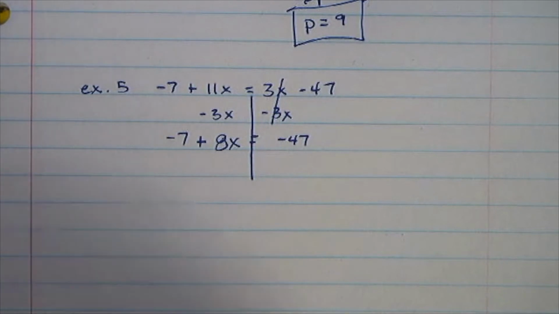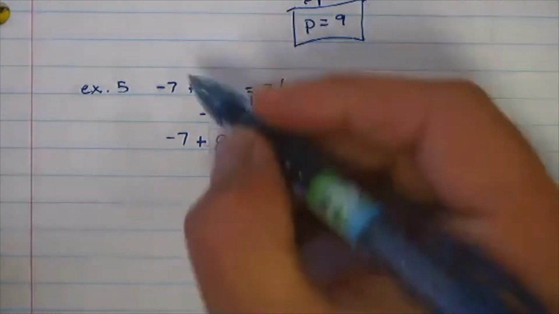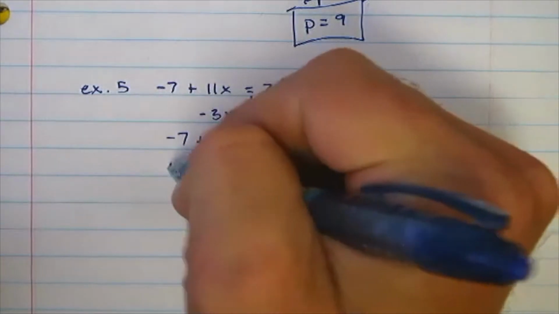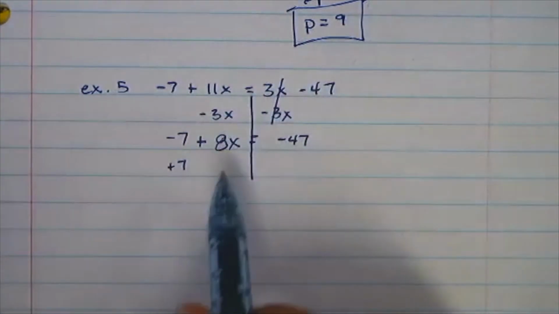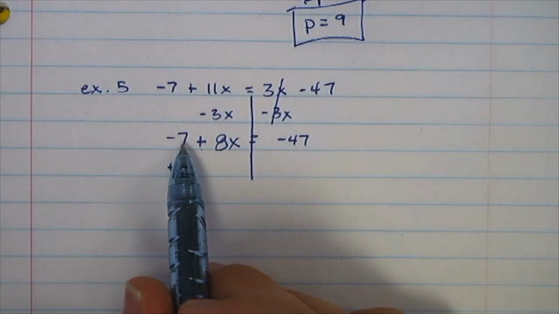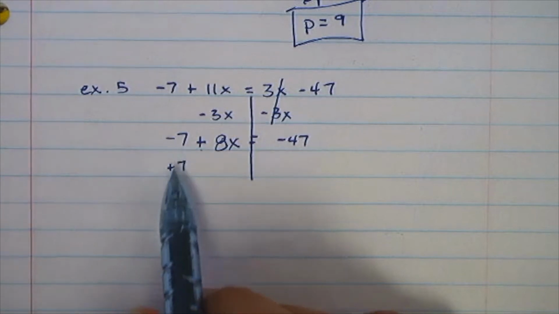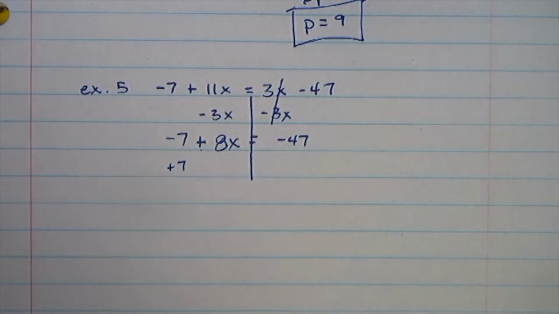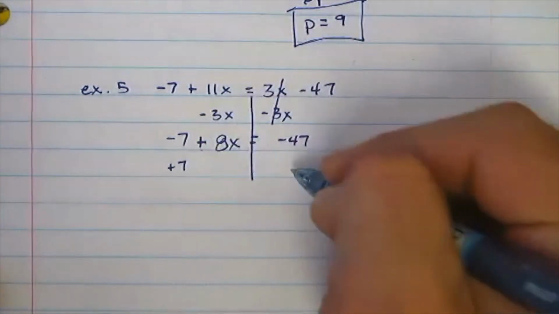All right, so past that, now we're down to a two-step equation. Looks like it did before. I'm going to get rid of that 7, and I'm going to add 7, all right? Don't get confused with this one. I need to get rid of -7. So how do you get rid of a -7? Well, you add it, okay? So that's going to go over there.